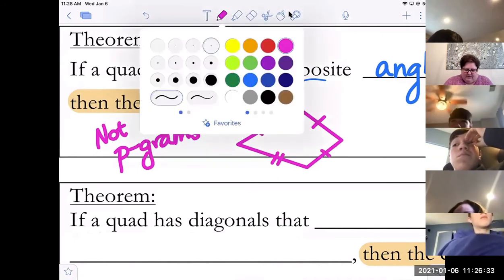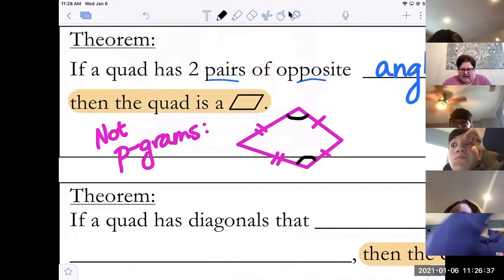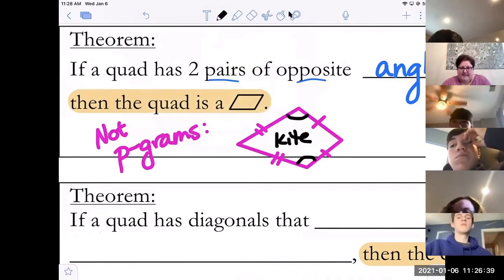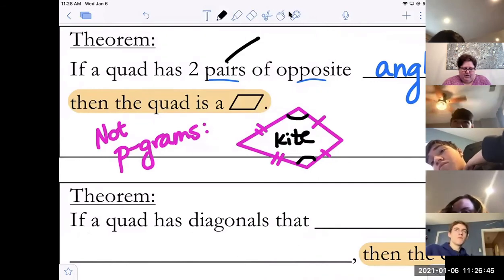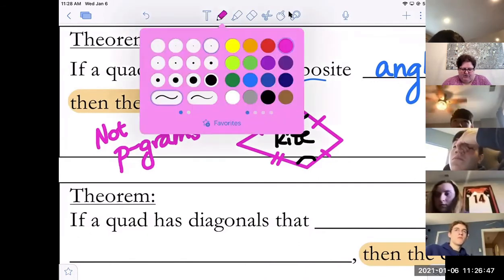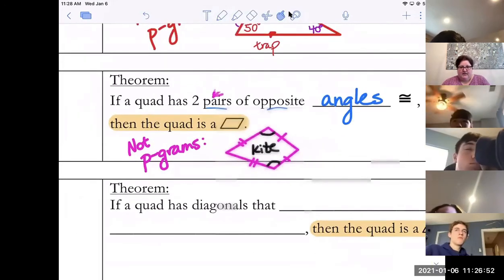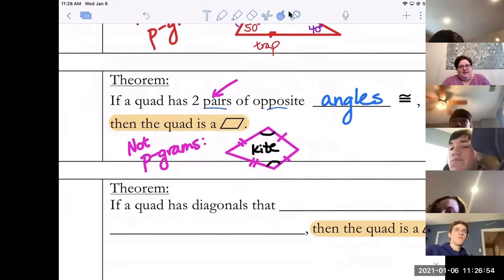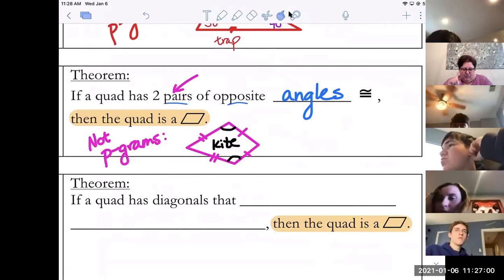Again, I'm going to go over some properties with you as we're coming up with counterexamples here. A kite has one pair of opposite angles that are congruent. If you don't say the word pairs here, it's not going to be a true statement. If you just say if a quad has opposite angles congruent, then you didn't specify that there's two pairs. A kite has opposite angles congruent, but just one pair.